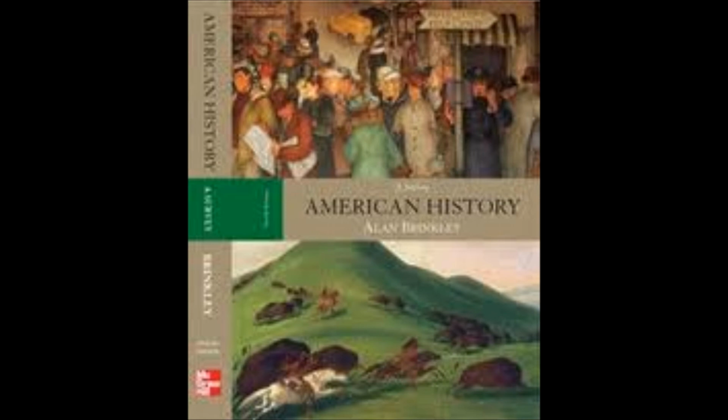Work smart, not hard. But what you're going to start to see is, without any real guidance from the Anglican Church, Americans experiment with religion in the way that they experiment with politics and with their economy.